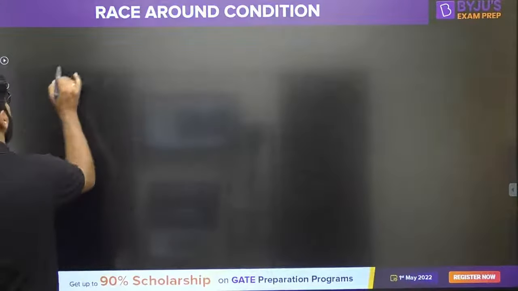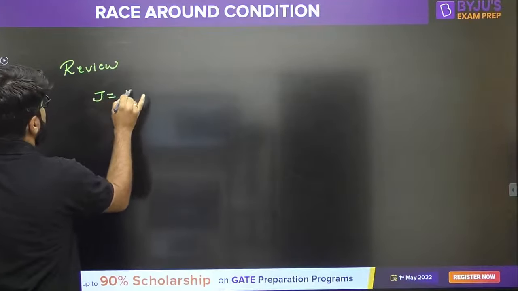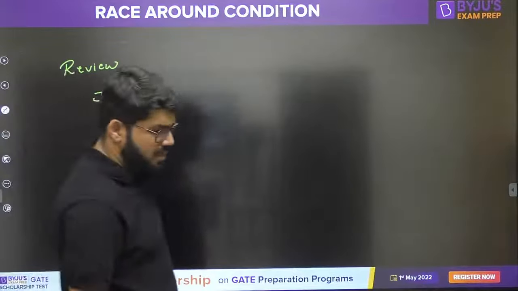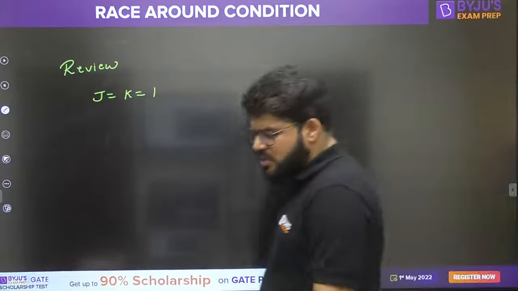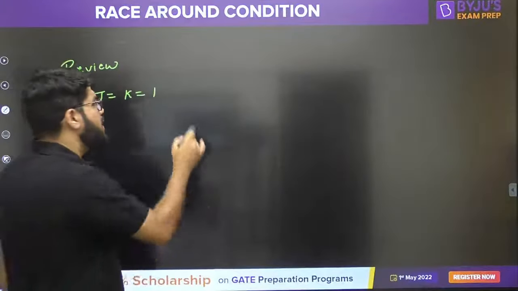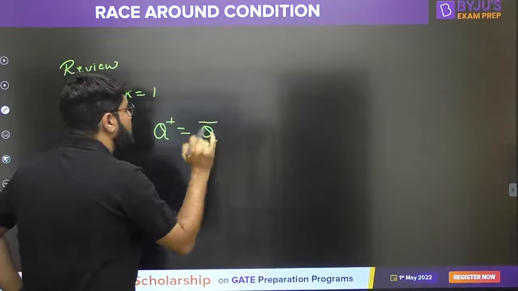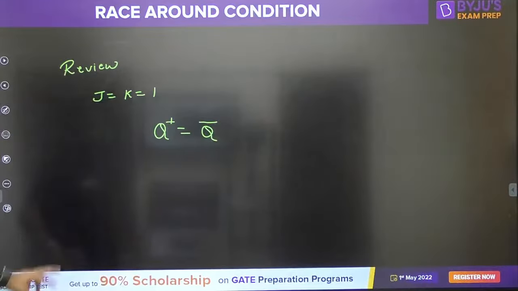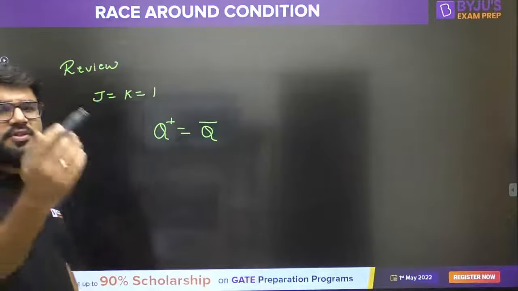Before we discuss that, let's quickly review that whenever both J and K are equal to 1, whenever both the inputs to the JK latch are high, what happens to the latch? The next state of the latch will be the complement or toggle of the current state. Usually I call the current state Q and the next state Q plus, as you know, plus for the next state.